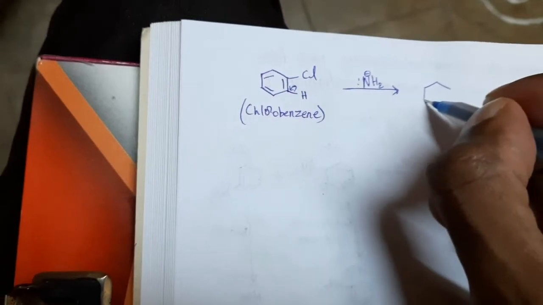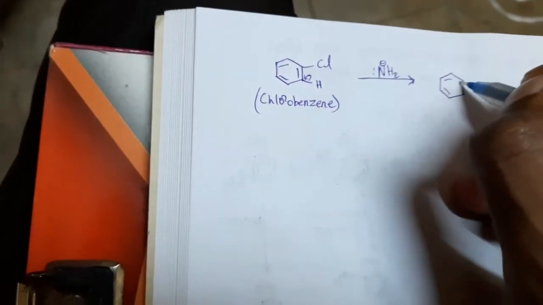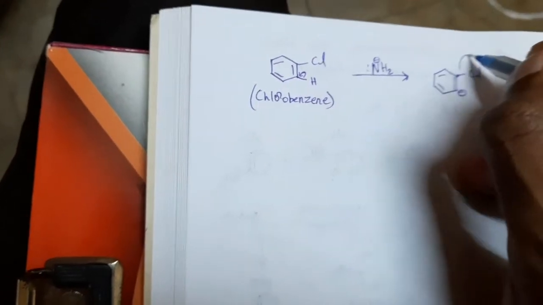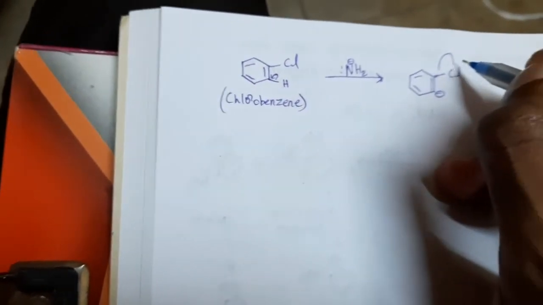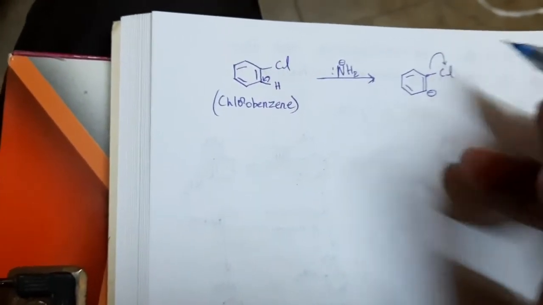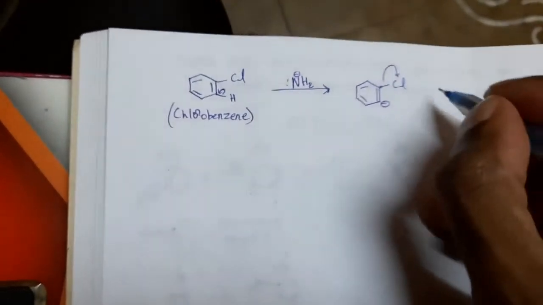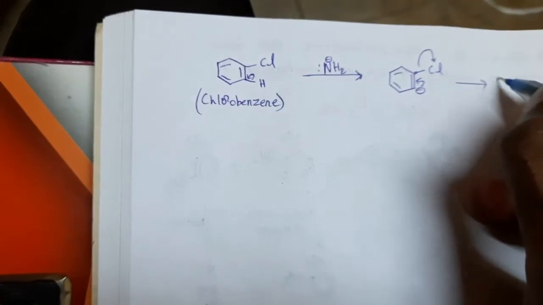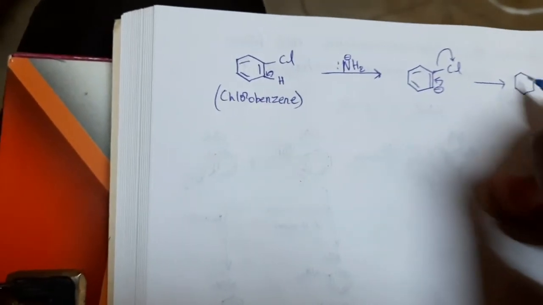Then we can get this one, negative charge next to Cl. In the next step, this bonding electron pair is taken by chlorine. Then this negative charge shifted to this position, we can get benzyne, that is this one.